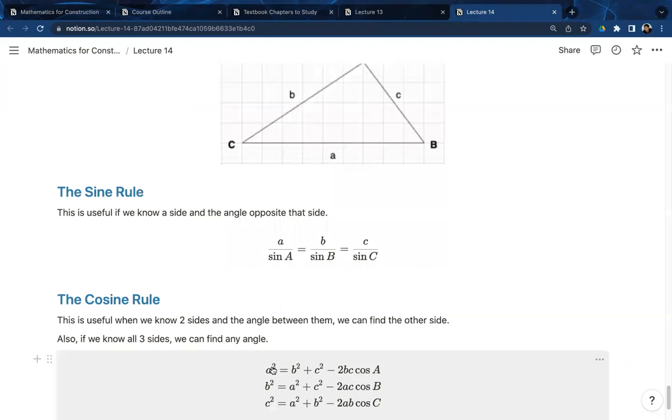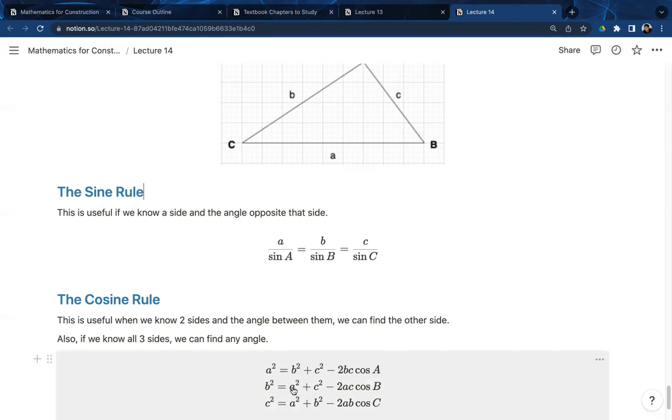A squared is equal to... the formula has a pattern. A is on the left as the side, but cosine A is on the far right. So you see A, B, B, C, C, right? Look at the extreme left and right, and you'll see the letters match. It's just like Pythagoras, right? If this side is A, then you see the B and the C on the inside.